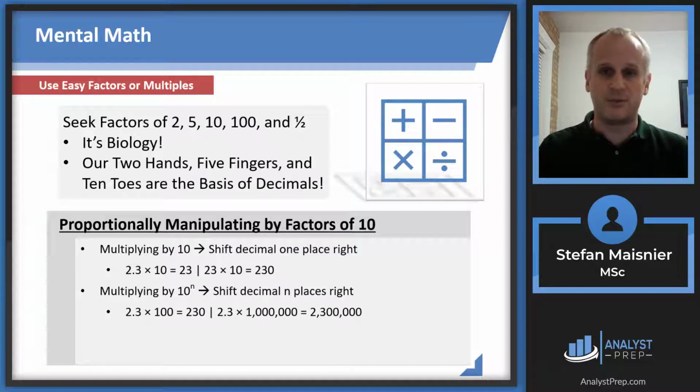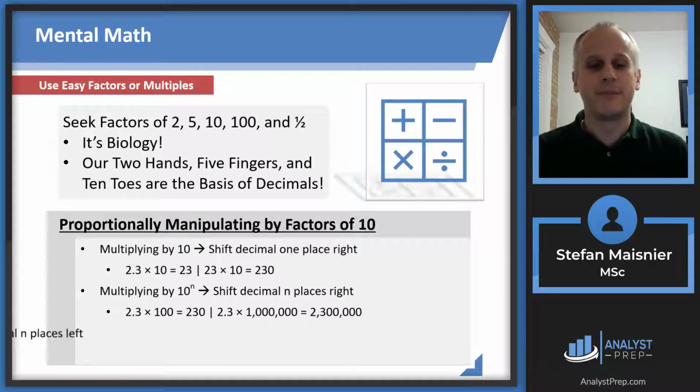So using our same 2.3, we multiply that by 100, we shift the decimal place 2 places to the right because 100 is 10 to the second power. If we even wanted to go to our 2.3 times 1 million, or 10 to the 6th power, we then just shift the decimal 6 places to the right, and we know that 2.3 times a million will be 2,300,000, or what some people will call 2.3 million.